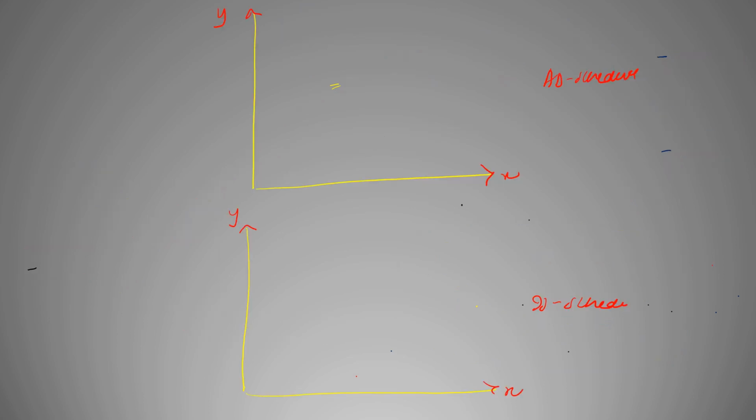Now we have our AD schedule and IS schedule, right? The y-axis in the AD schedule is your AD and the x-axis is your output. The IS schedule's y-axis is interest rate and x-axis is y. Now let's plot that curve. If you remember, when we were deriving your IS curve, we required two AD curves, right?